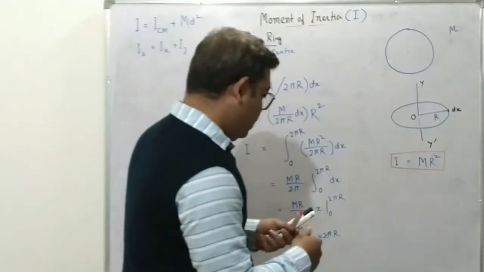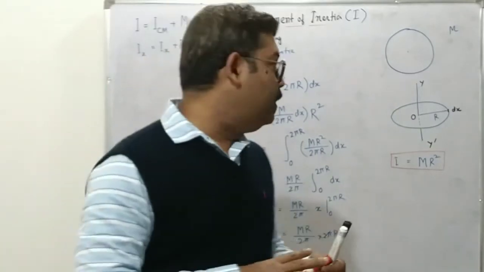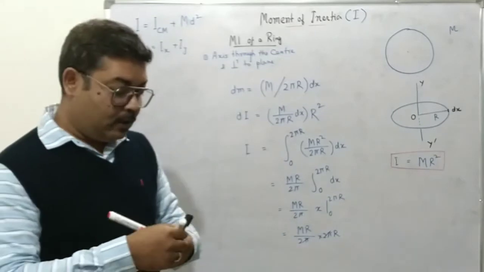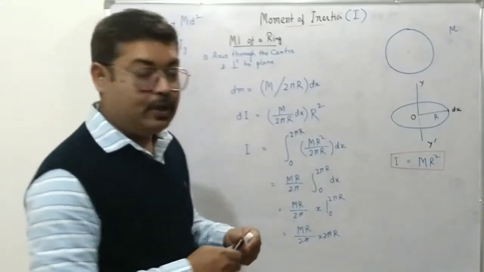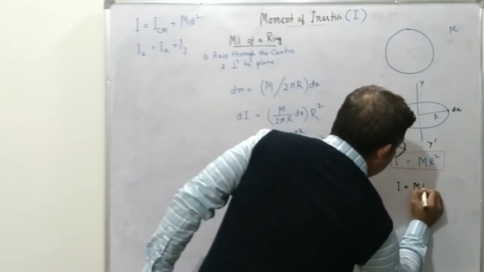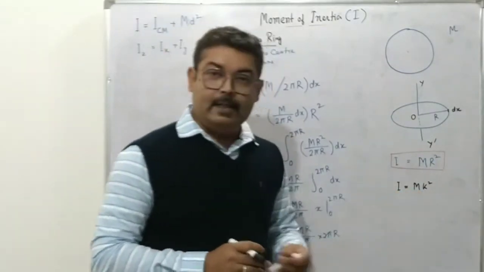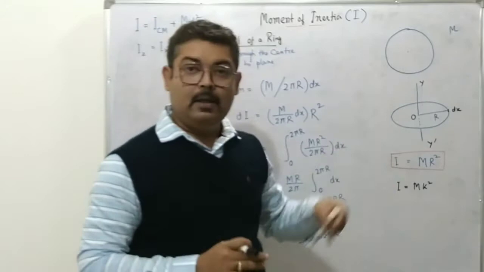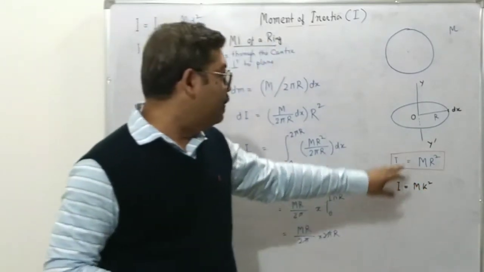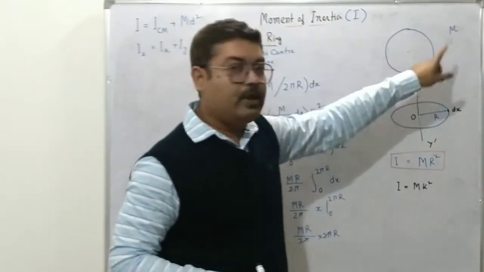Okay. Now, another thing that we discussed in my previous video is a concept known as radius of gyration, which says that I equals m into k square, where k is the radius of gyration, and k is that distance where, if the entire mass of the given object was concentrated, it would have the same moment of inertia as the given object about the same axis with the given distribution of mass.